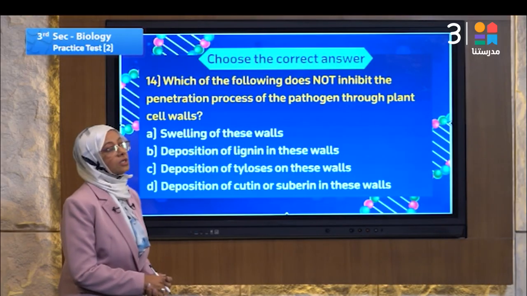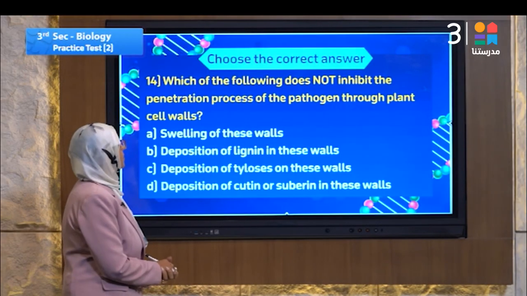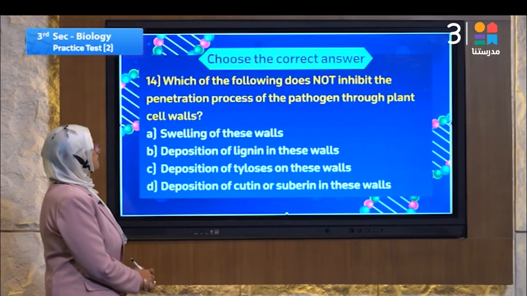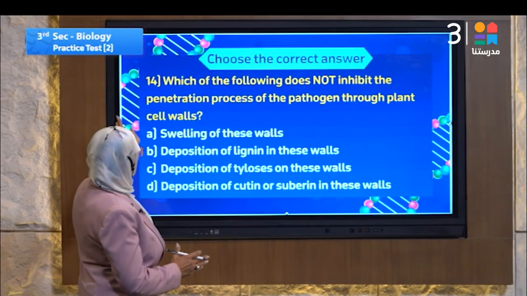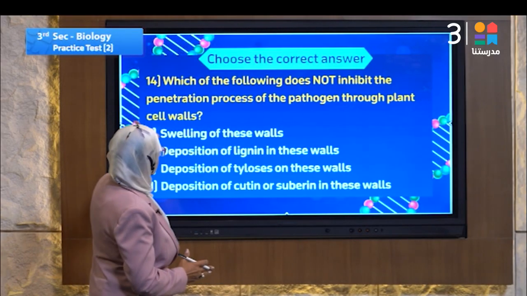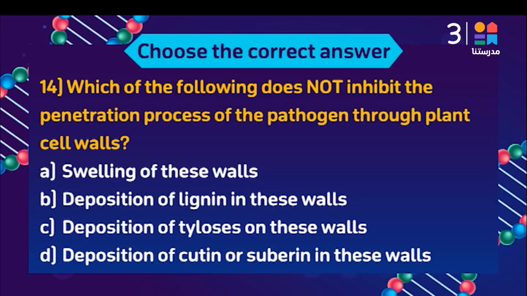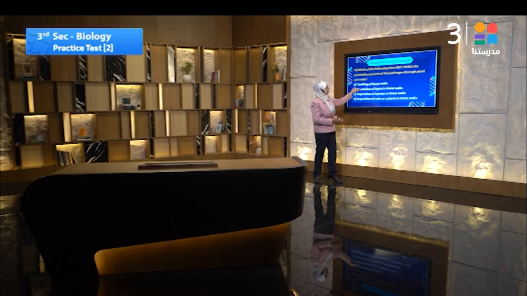Let's go to question number 14. Question 14 speaks about another part. Let's read it. Which of the following does not inhibit the penetration process of pathogens through the plant cell wall?